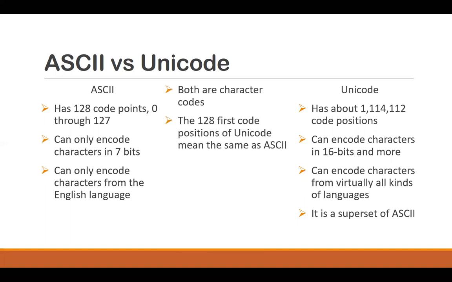They both are character codes, and the first 128 code positions of Unicode are the same as ASCII. Meaning you can say that ASCII is included in Unicode. ASCII is a subset of Unicode. Unicode has the capability of representing English language characters as well as other languages.